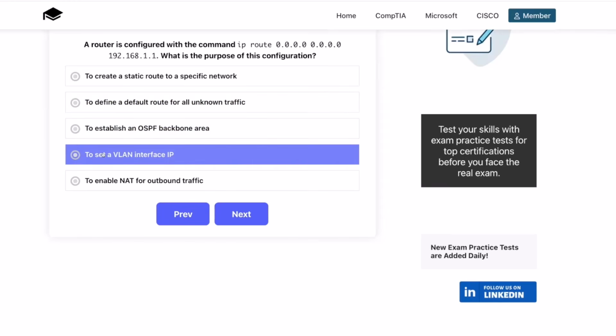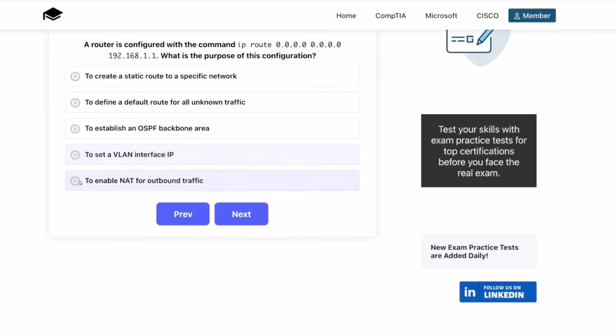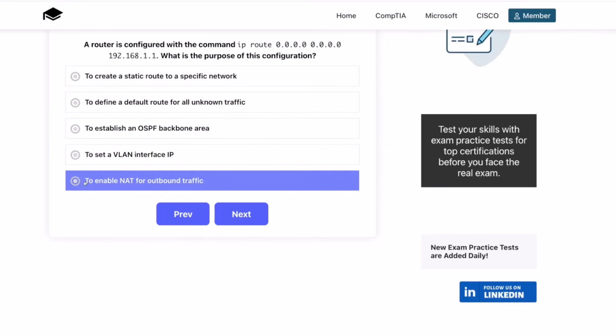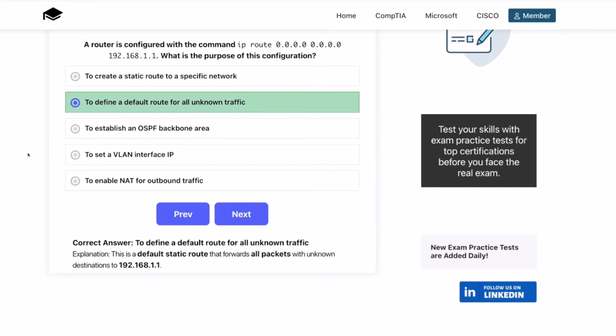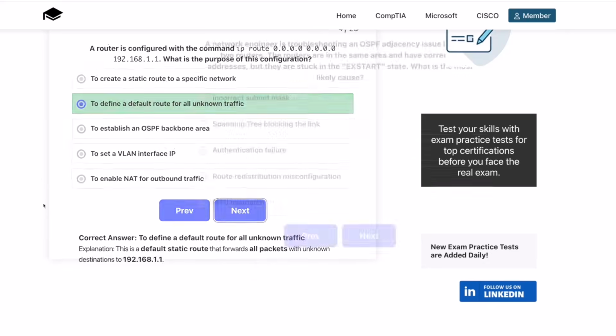To set a VLAN interface IP? Or to enable NAT for outbound traffic? The correct answer is to define a default route for all unknown traffic. This is a default static route that forwards all packets with unknown destinations to 192.168.1.1.